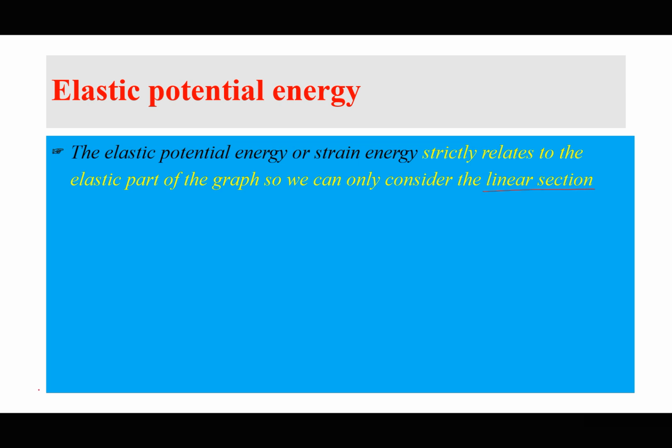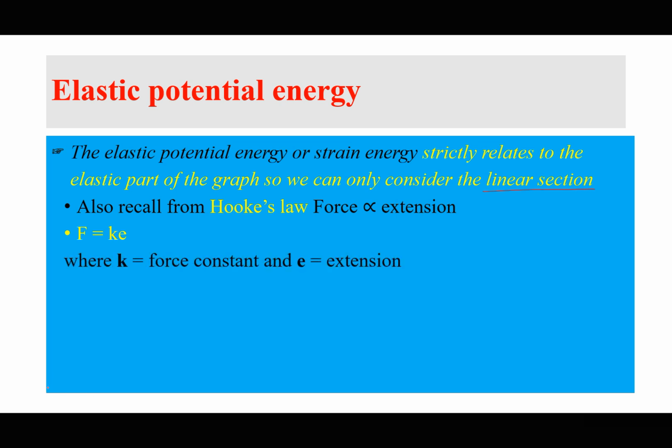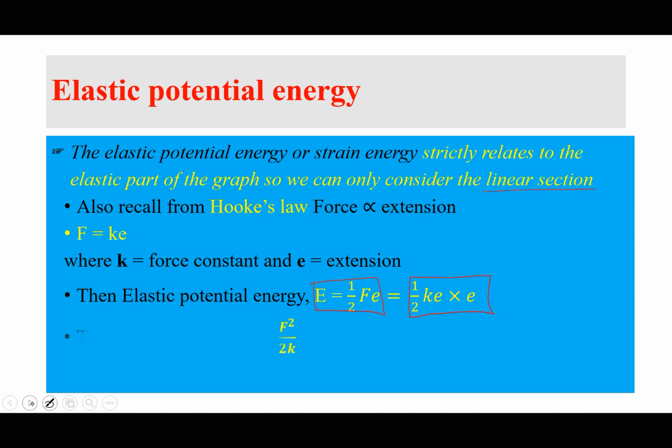If we recall from Hooke's law, force is directly proportional to extension, and the force is equal to Ke, where K is the spring constant or force constant and E is the extension. Then the elastic potential energy, which is half Fe, can also be half times Ke times E, which simplifies to half Ke squared.